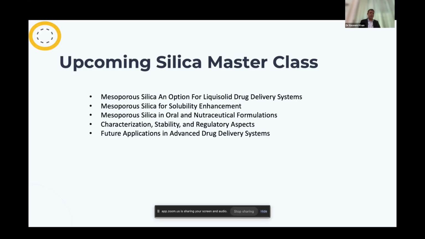Silicon dioxide plays a very important role. In the coming time, you can see more and more very vast applications of silicon dioxide.